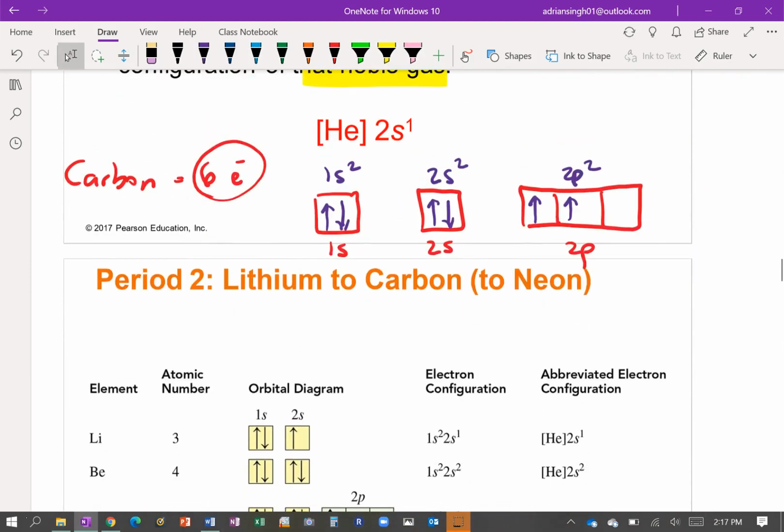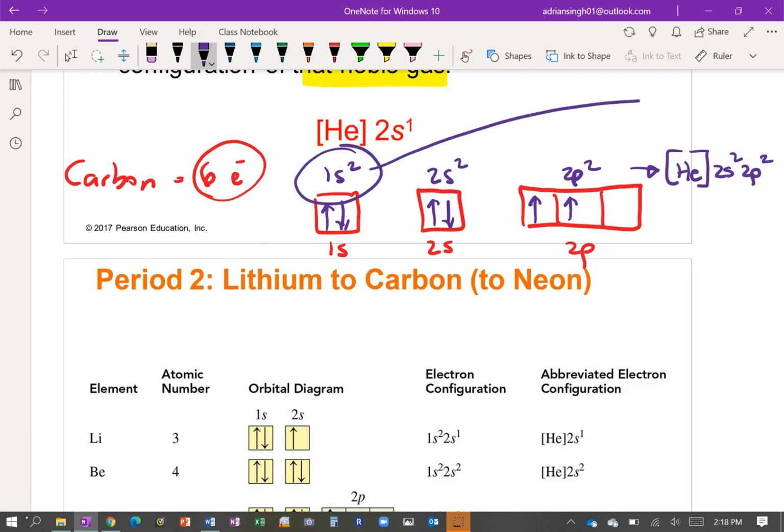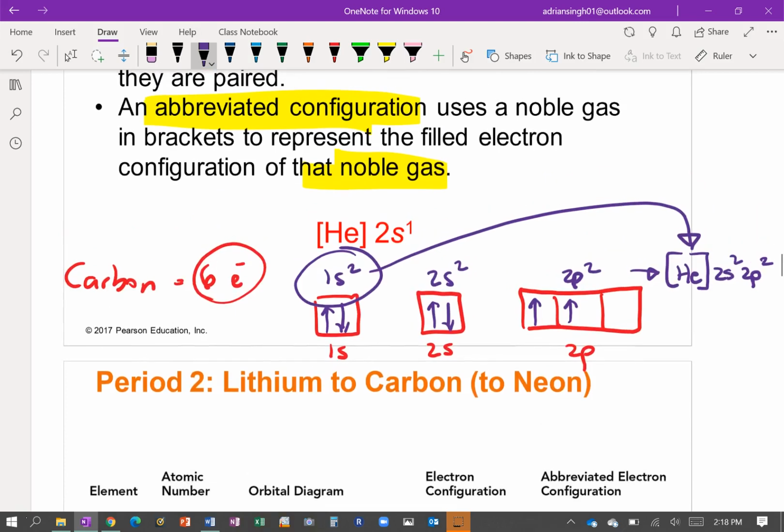So then we can say this is the same thing as saying helium in square brackets, 2s2, 2p2. The helium there corresponds to the 1s2. We can only use this shortcut for the noble gas abbreviation or the noble gas configuration.